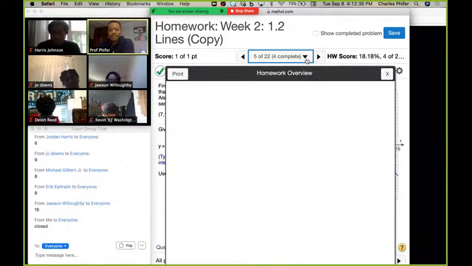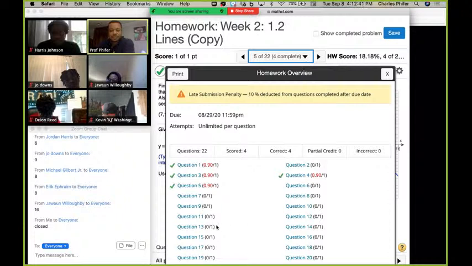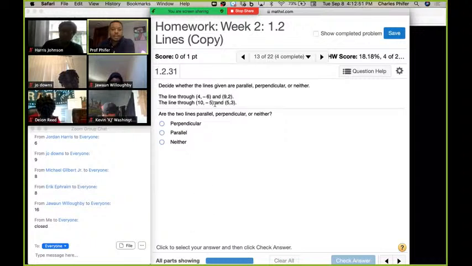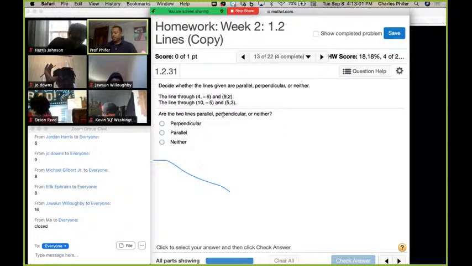All right, let's look at number 13, which is here. Decide whether the lines given are parallel, perpendicular, or neither. The line through this and the line through that. Okay, let's write this out. All right. Anybody want to give me the result here?